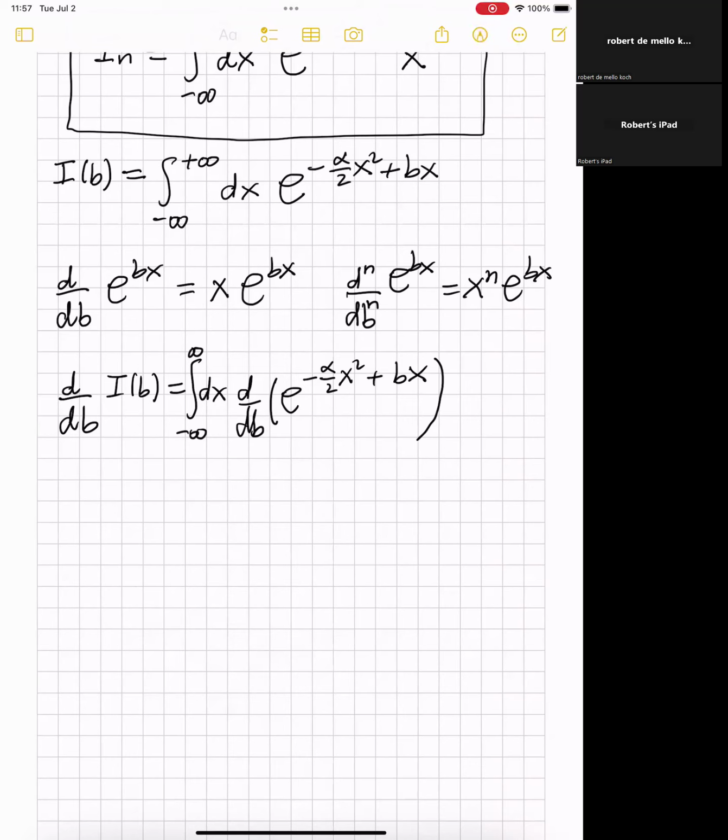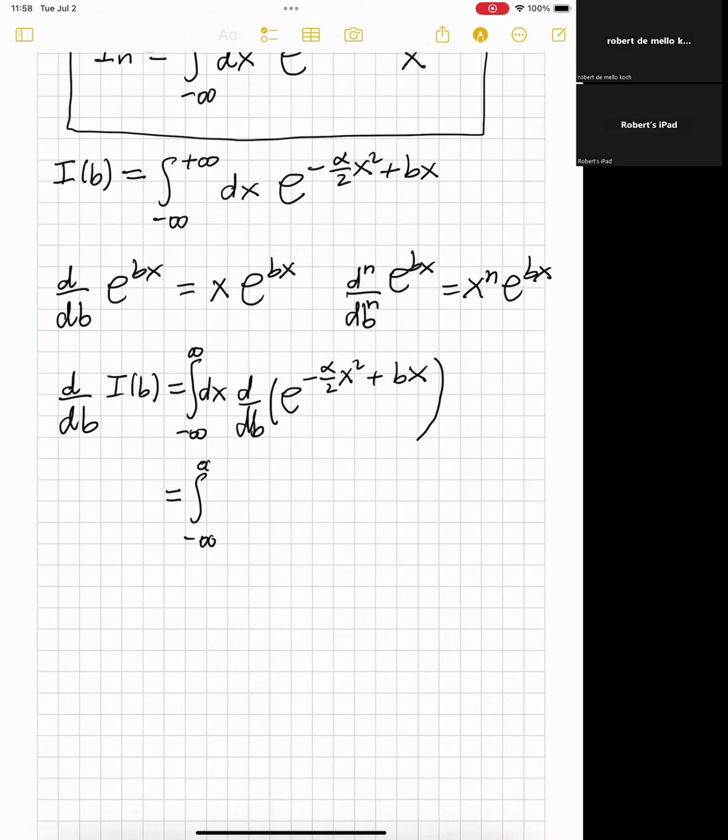There's no issue there. Now, as far as the derivative with respect to b goes, the minus alpha over 2 x squared is neither here nor there. It just doesn't depend on b. So the only thing that we're going to be multiplying is the bx piece there. And then we can just use the formulas that I have shown you above.